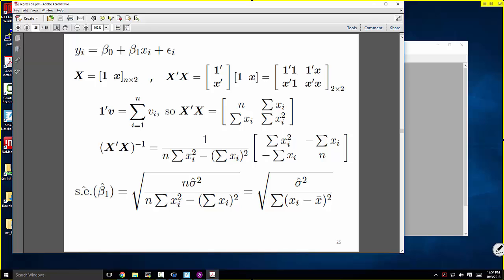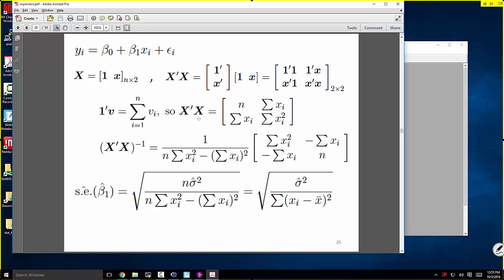So if we were to work this through, over here in the second row, second column, that constant times what's out here is the piece we need to compute the variance of the slope parameter, beta 1 hat. This that I have on the bottom is that quantity.